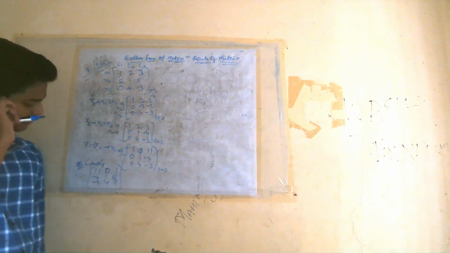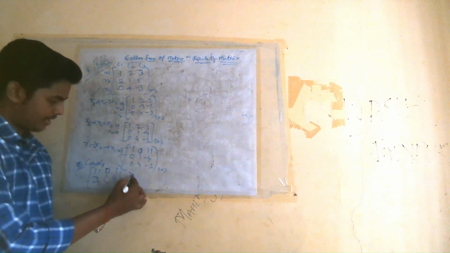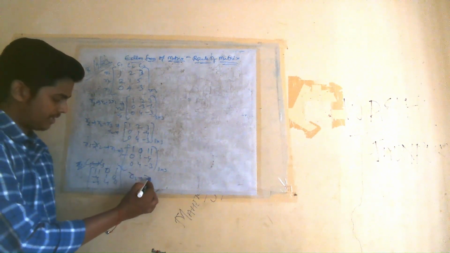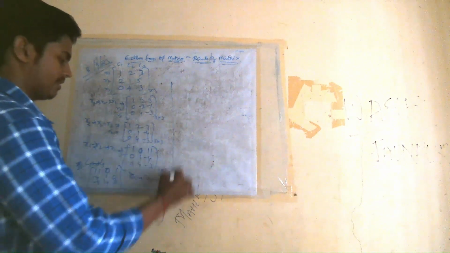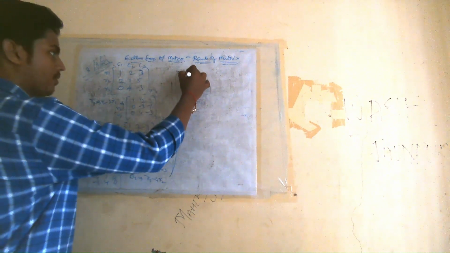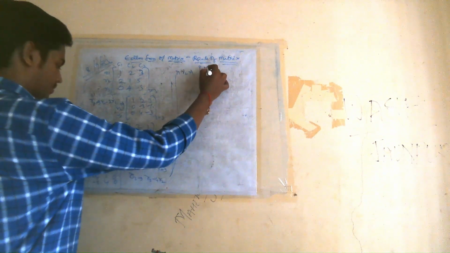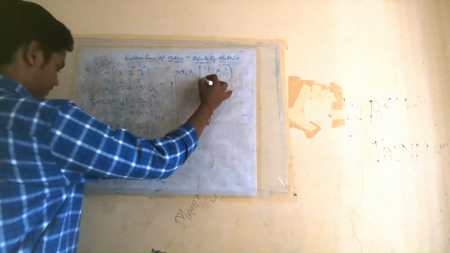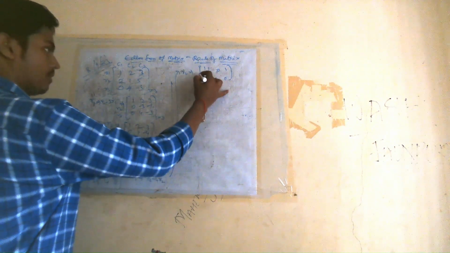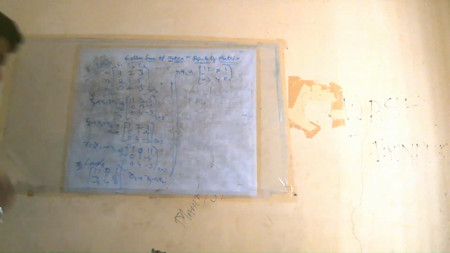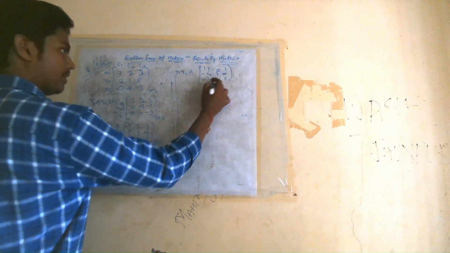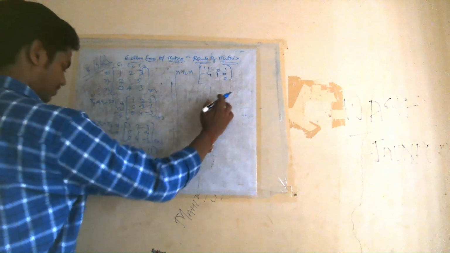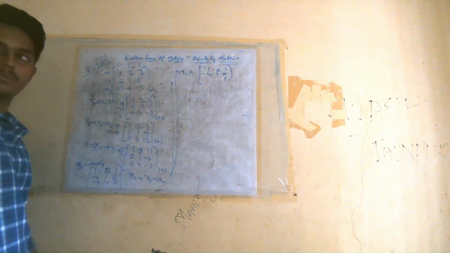How to make it? If I take R3 implies R3 minus 4 R2, can I take? Okay, that implies, so here our R2 is 0, 1, minus 3, 4, 0, and now R3 implies R3 minus 4 R2, so row 2 is fixed, but row 3 you have to change. 0 is not going to change because R2 and R3 both are zeros.